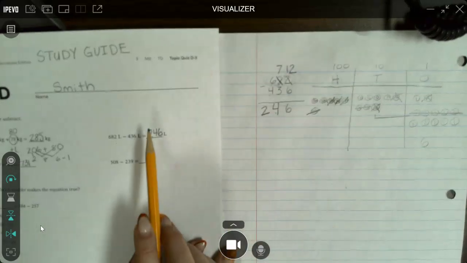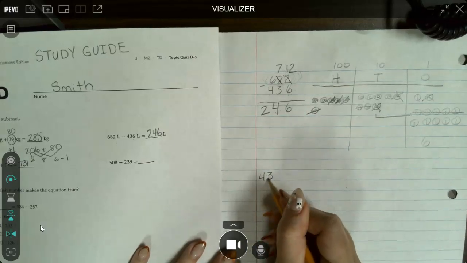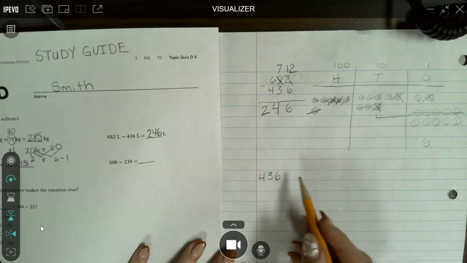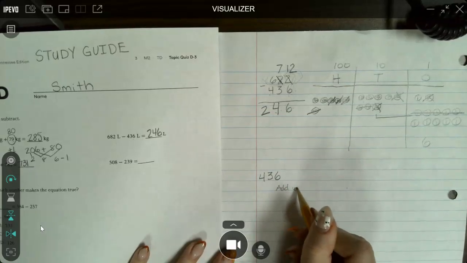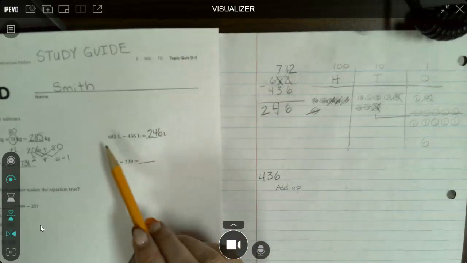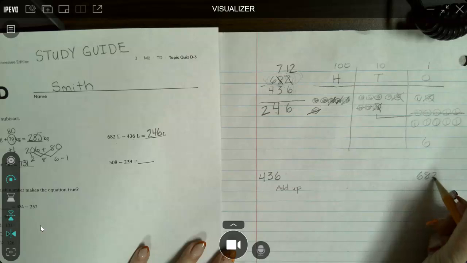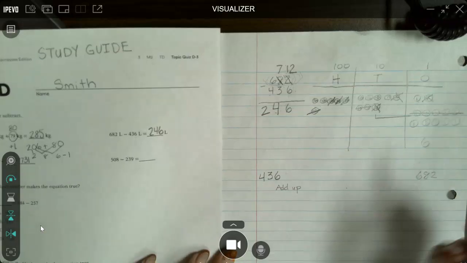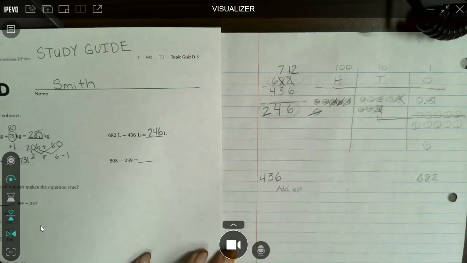So we can take the smallest number, and we can add up until we make it to the larger number. And that would be the exact same difference as we found here.